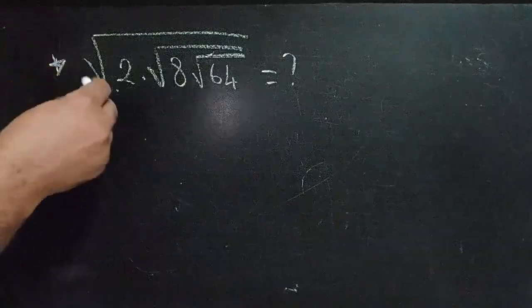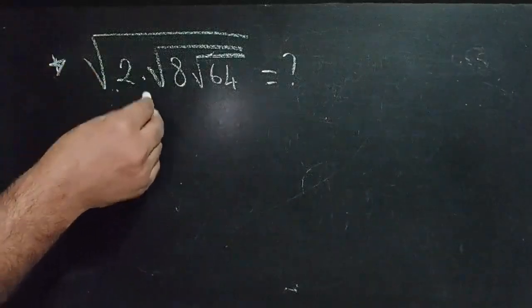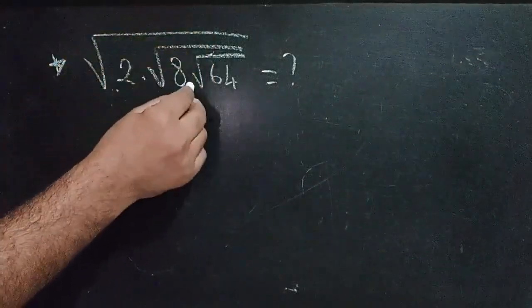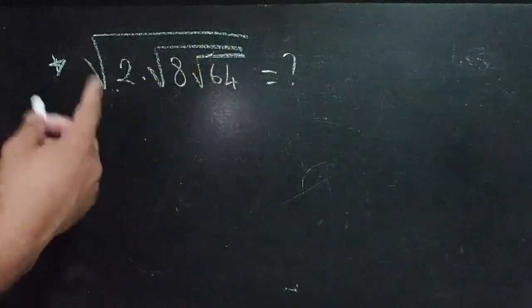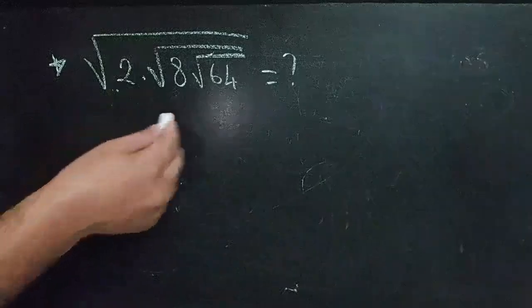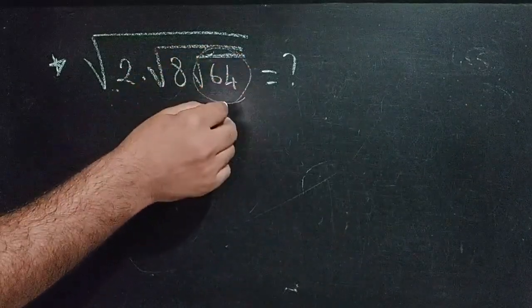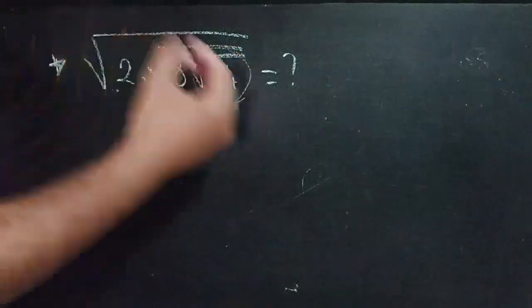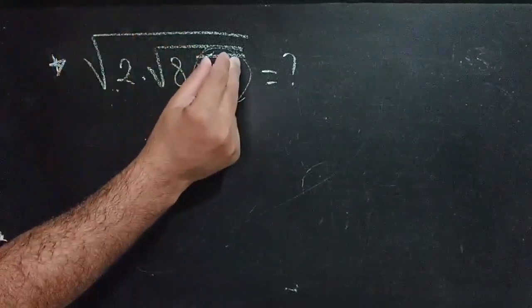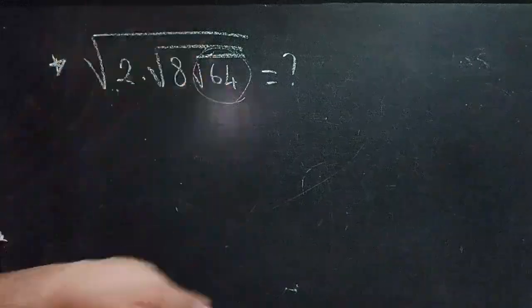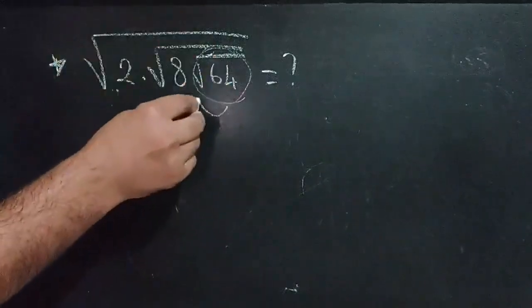So my next question is square root 2 times square root 8 times square root 64. So to solve this type of questions, you should start from this part and then you open it from that small square root to big one, and this will come out as 8.